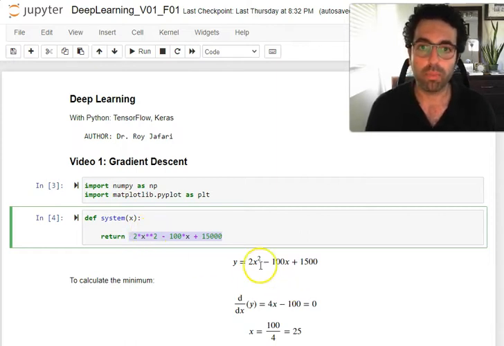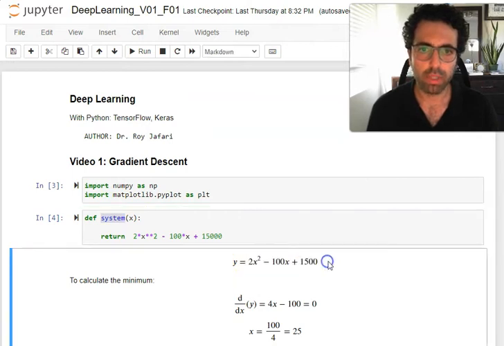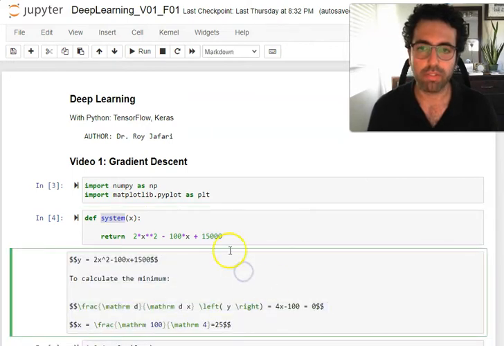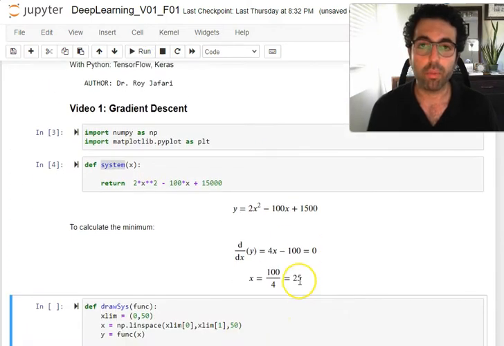So this is the function. We call it the system, something that we don't know yet and we're not supposed to know, but we do know because we want to learn about it. So this is basically our function f(x). Here, if we wanted to find the minimum or the optimum point of this function, mathematically we would use the derivative of y, or f(x), over x.